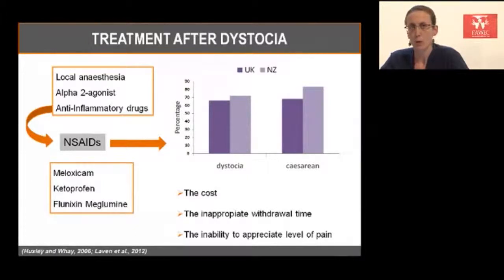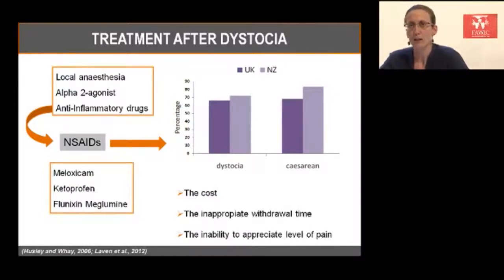And from a questionnaire in the UK and New Zealand, we observed that veterinarians said that the most used drugs in dystocia and cesarean sections were the non-steroidal anti-inflammatory drugs. And the most used non-steroidal anti-inflammatory drugs were meloxicam, ketoprofen, and flunixin meglumine.